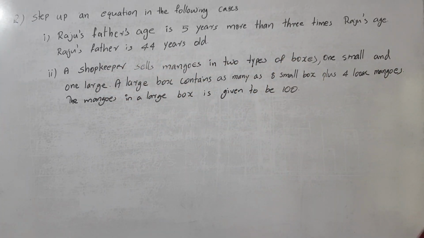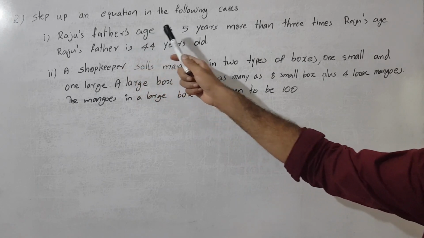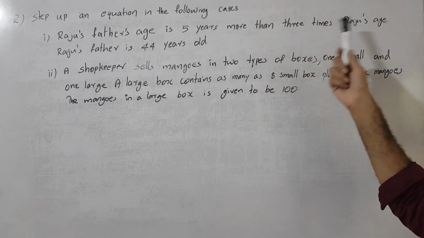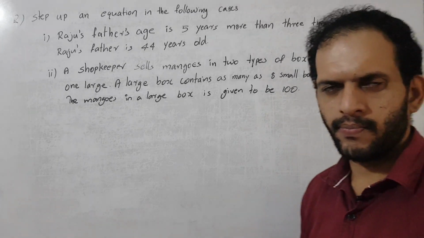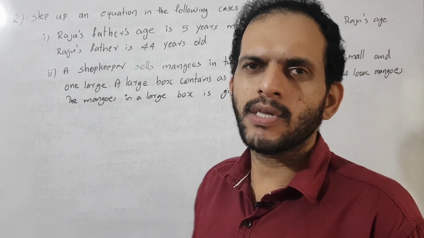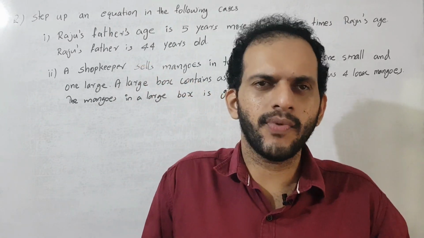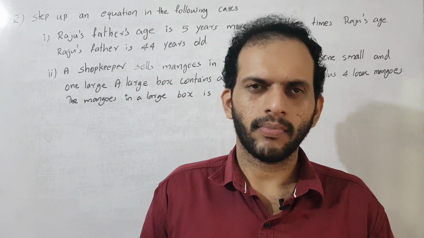What is the relation? Raju's father's age is 5 years more than 3 times Raju's age. Correct? Then 5 years more than is the same idea as 5 years older than.